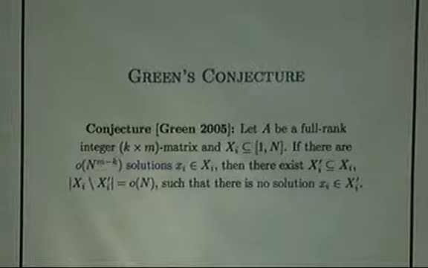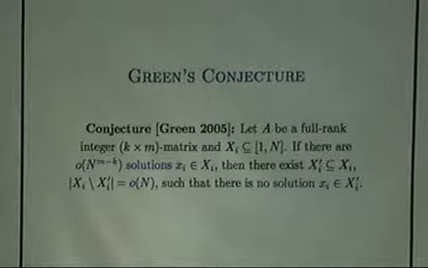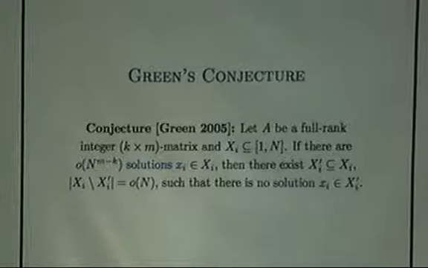For instance, a particular case corresponding to one equation would be a matrix with a single row where all the entries are 1. Now we will be interested in solutions over integers, and again we will have unknown variables. The number of unknown variables will be m, the number of columns of this matrix, and for each variable we will have a set capital Xi that will restrict the values that we can assign to the variable.